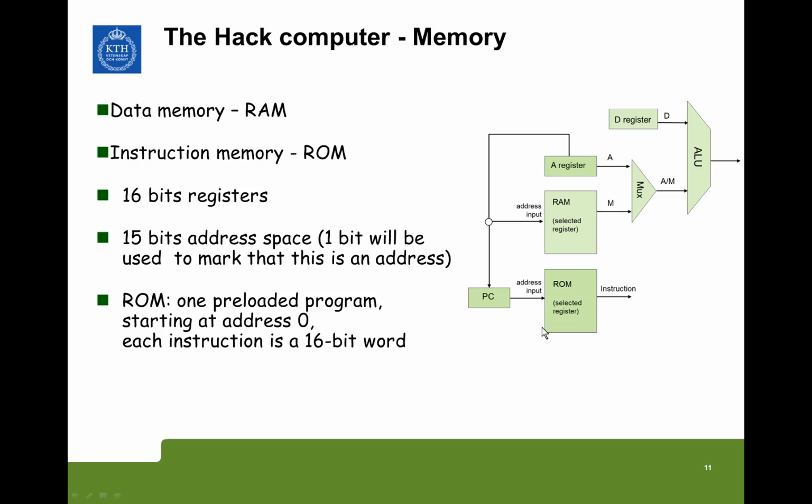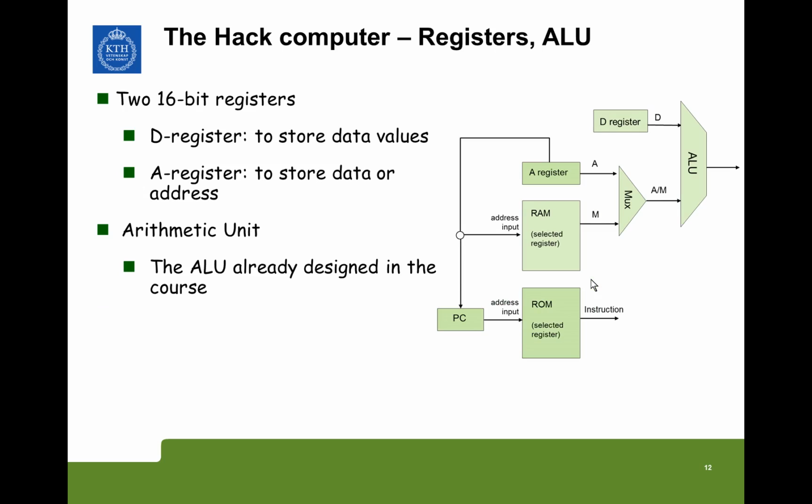The ROM will be preloaded by a program starting at address 0. Then there are the two 16-bit registers, the D register and the A register. The D register can contain data values. The A register will be used both for addressing and to store data. The arithmetic unit will be the one that we designed in the previous projects.